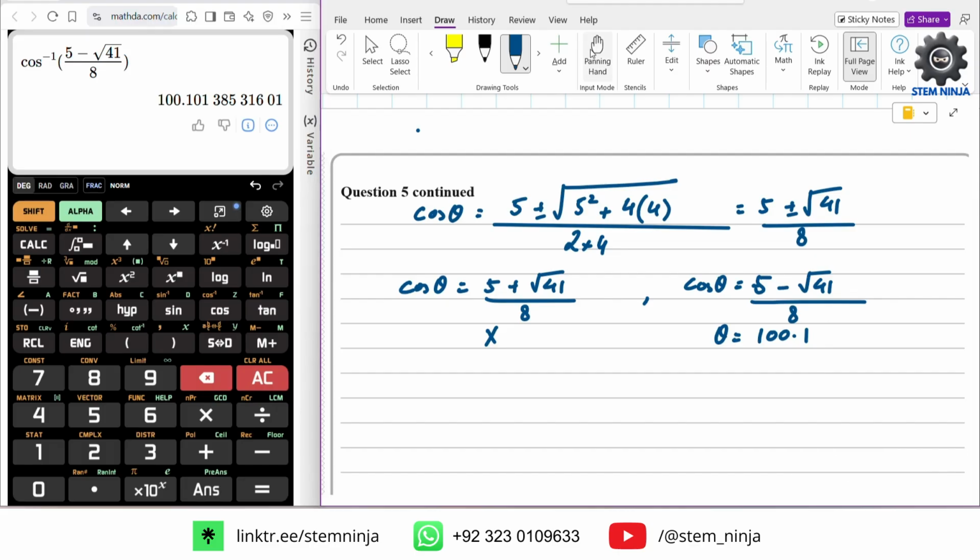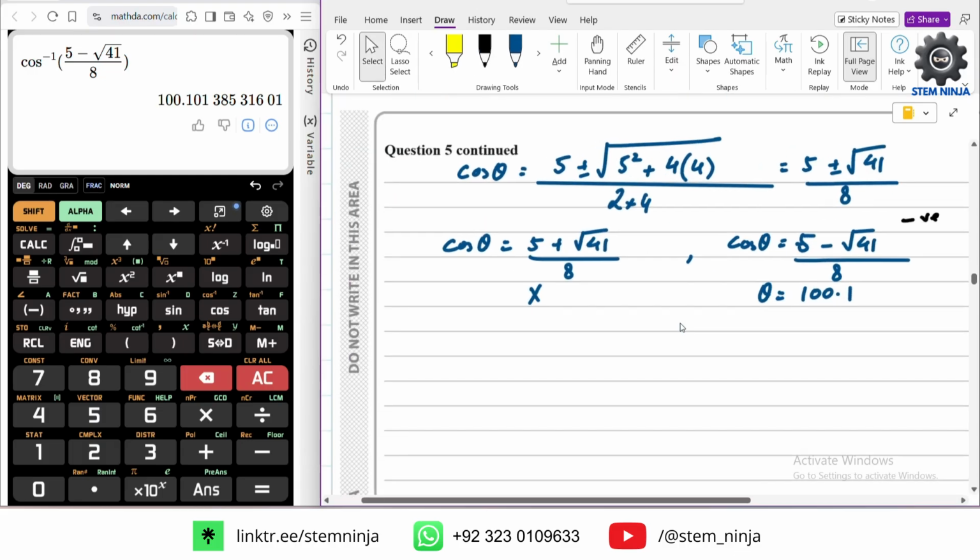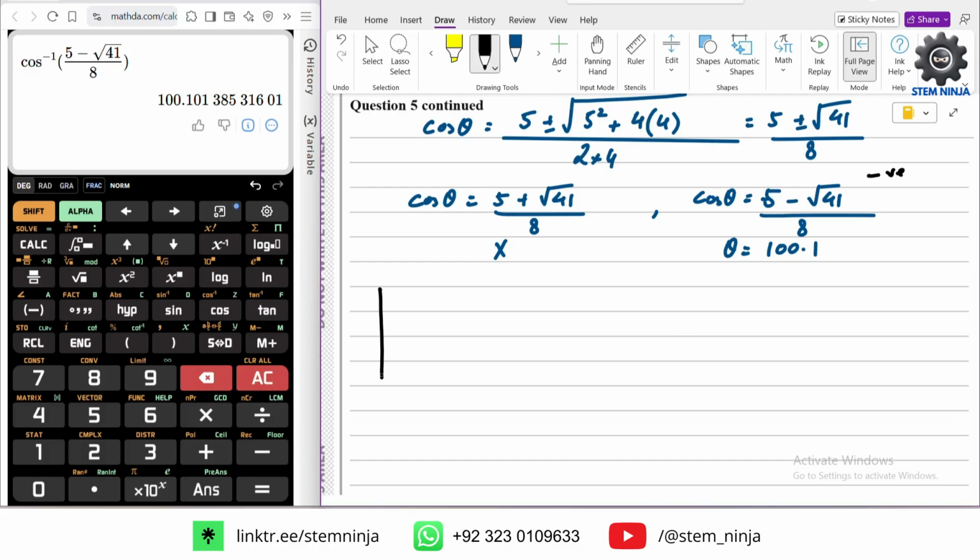And this is obviously the negative value, so we will have another one also. How do we know this? There are two ways you know this. There's a graph thing. The graph is crossing at 100. This is 180.